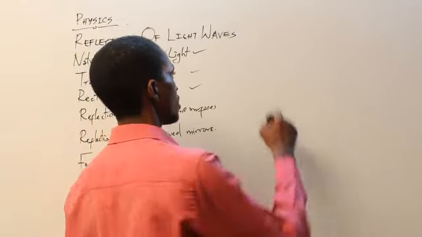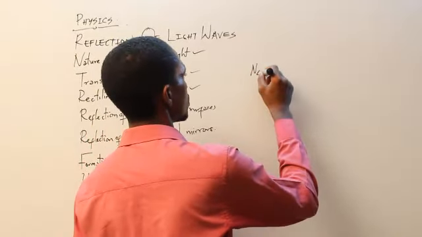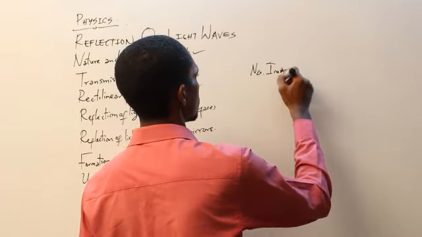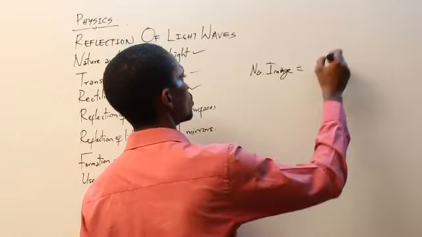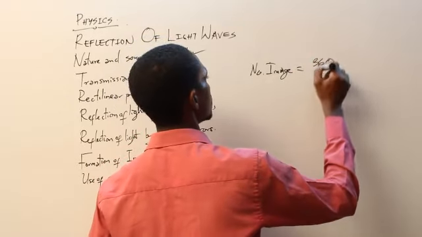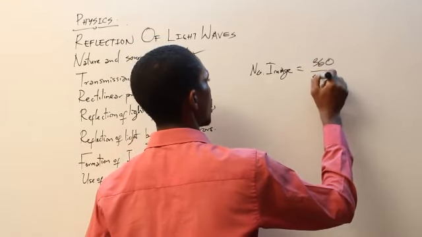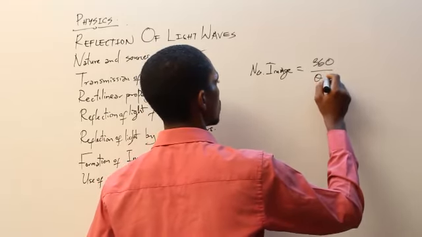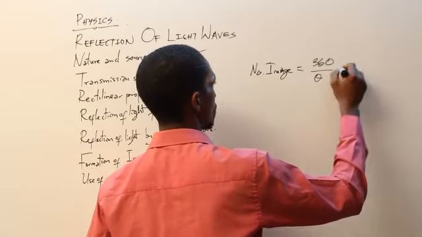To calculate that, number of images would be equal to 360 divided by theta, minus 1.